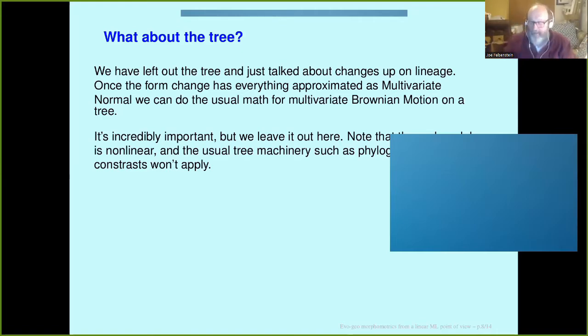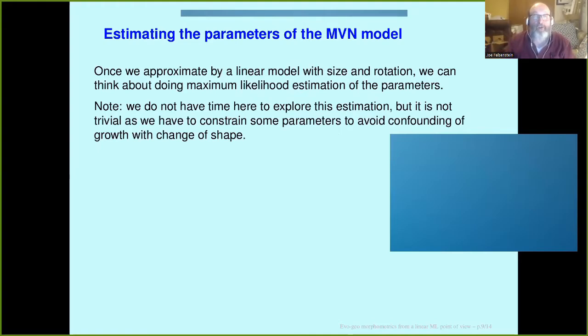So let me move along. Pushing the tree aside for the moment, we can estimate the parameters of the linear model by using multivariate normal machinery. I'm not going to go into the details except to say it's not a trivial matter if you use maximum likelihood. And you say, okay, we've got a linear model.